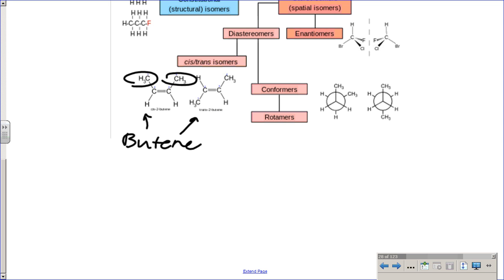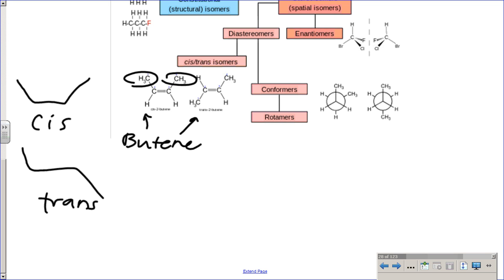If the carbon chain goes on the same side, that has to be cis. If the carbon chain goes on opposite sides, that's a trans. So just don't forget that these are isomers because of the different arrangement of the atoms, meaning that the carbon chain follows a different route on the cis and trans structures.